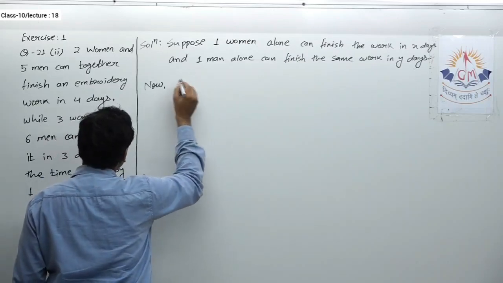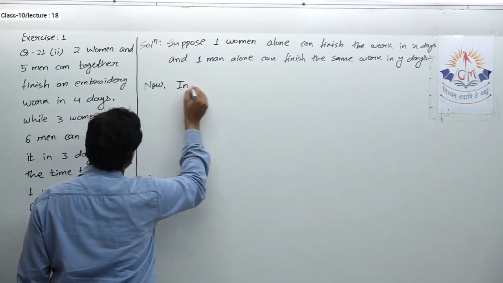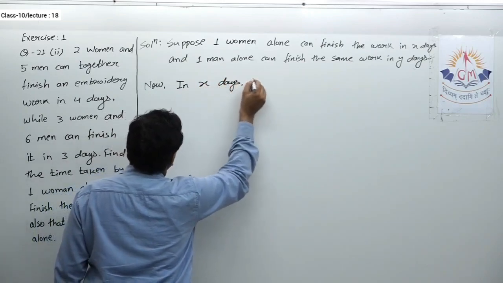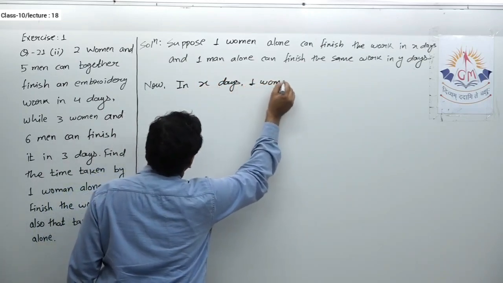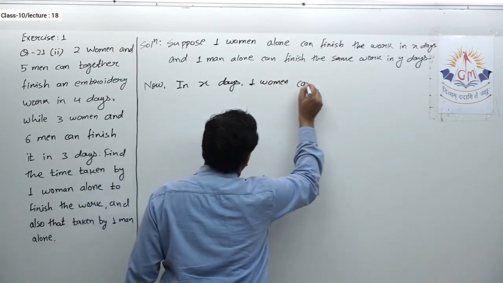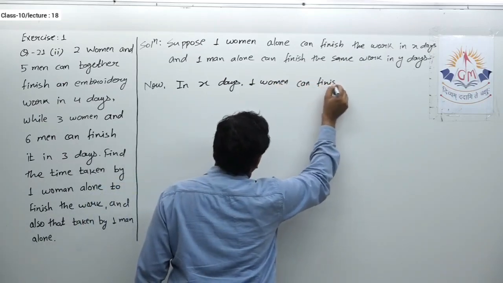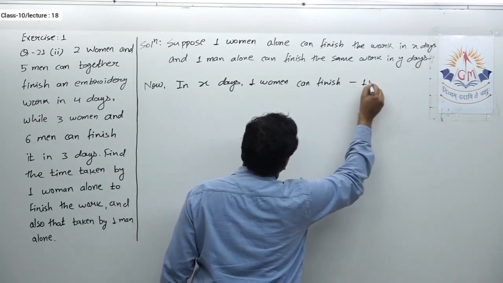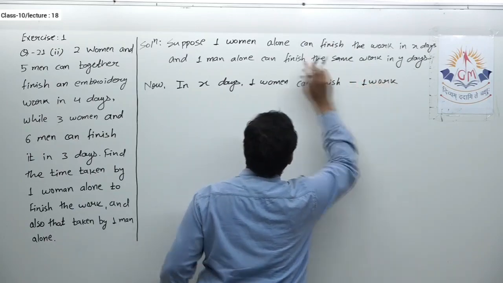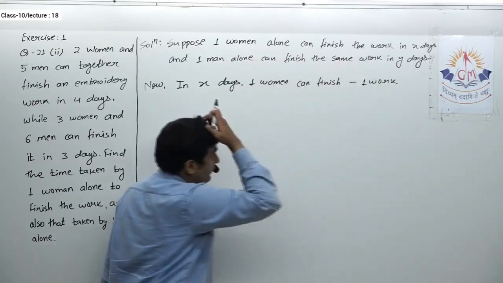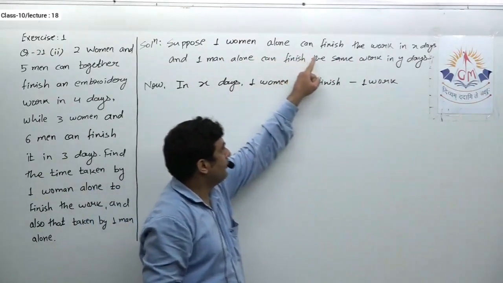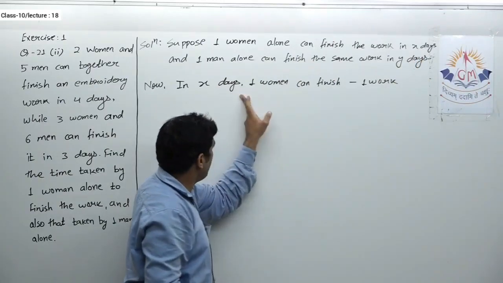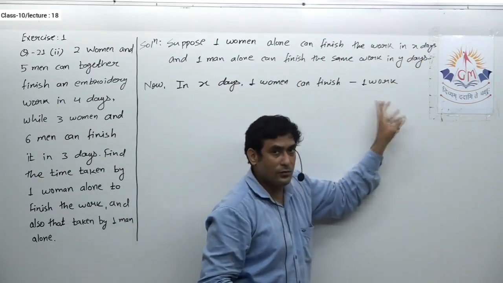So now I will give you its detailed solution, and that will help you to understand it in a better way. So now in X days, one woman can finish one work. Okay, same thing I wrote in a different way. One woman alone can finish the work in X days. That means in X days, one woman can finish one work.